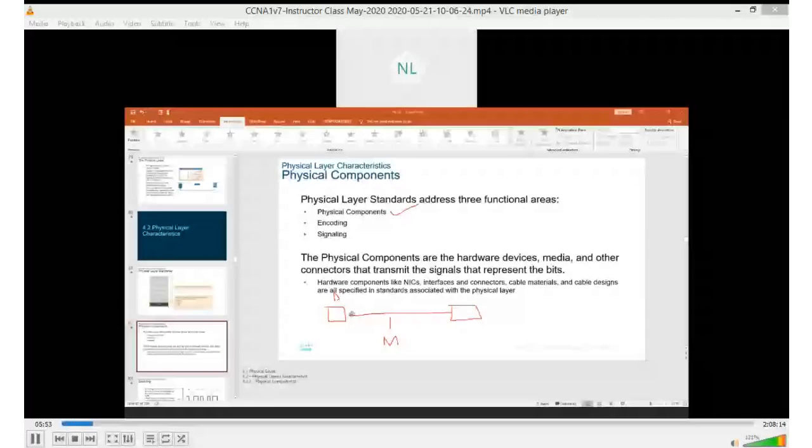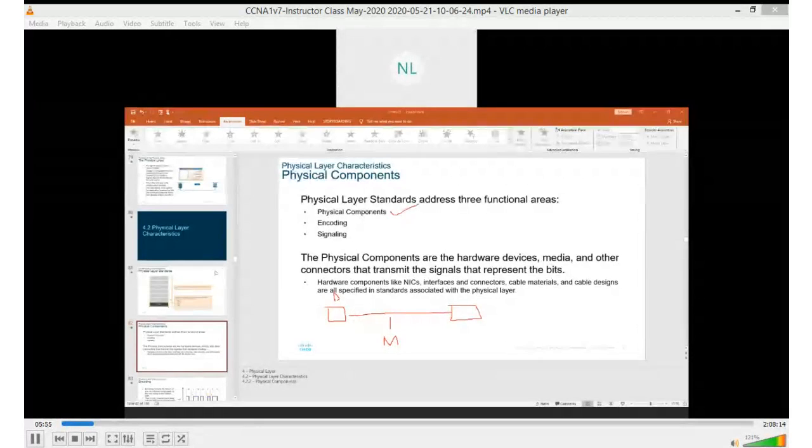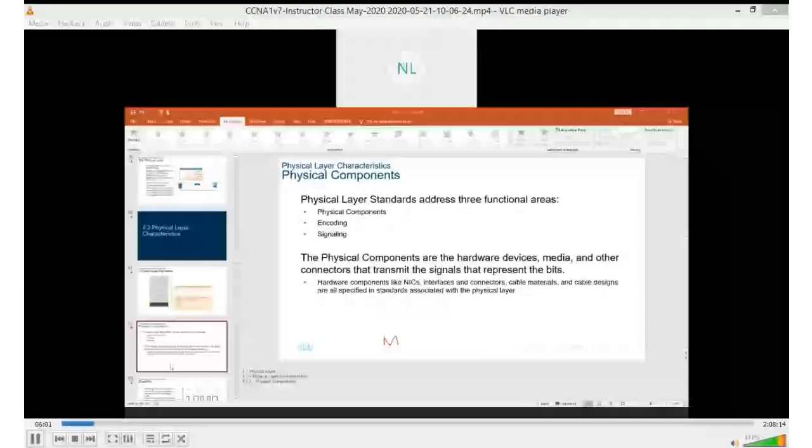And secondly, after that, it also handles encoding, how these bits will be represented. For example, let's say you take again your device, you're having a connection. So here we have the source, here we have the destination.